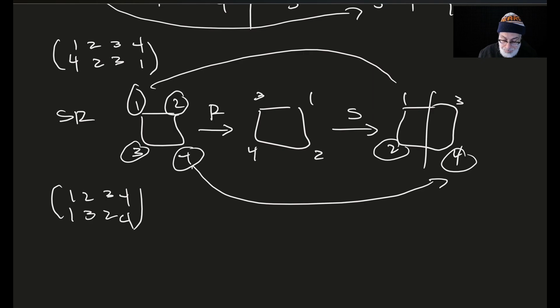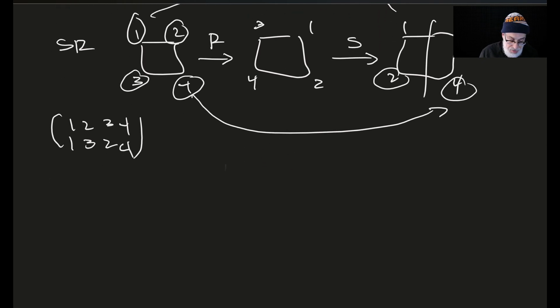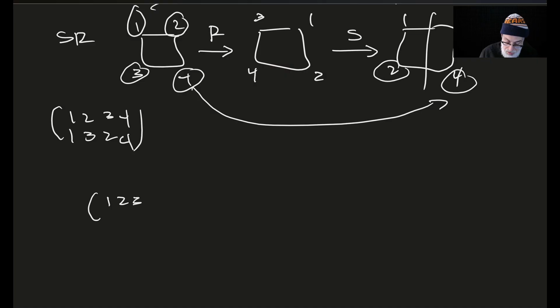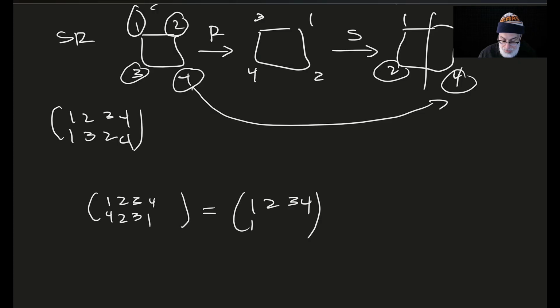Okay, so if we just look at the permutation matrices, in the permutation matrices, we always write the starting point on top and then where each element travels to, or permutes to, and we get this, which clearly aren't the same.